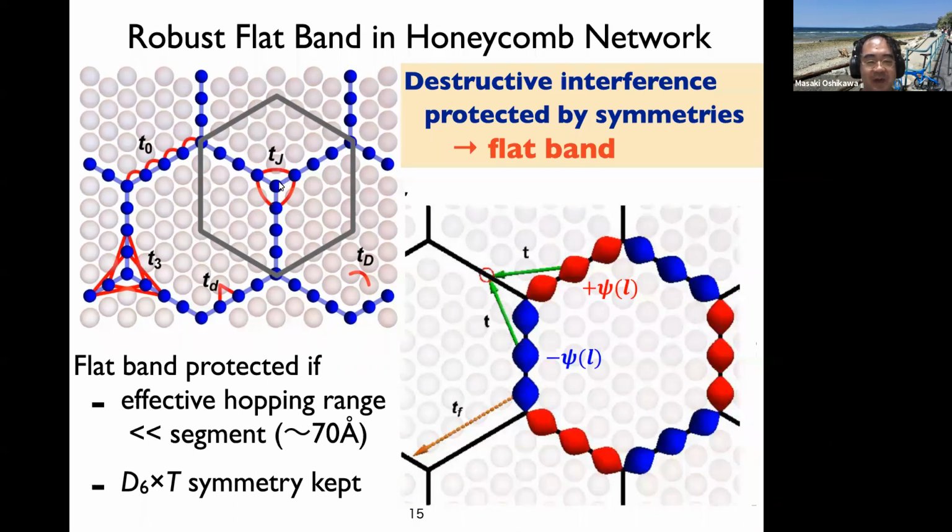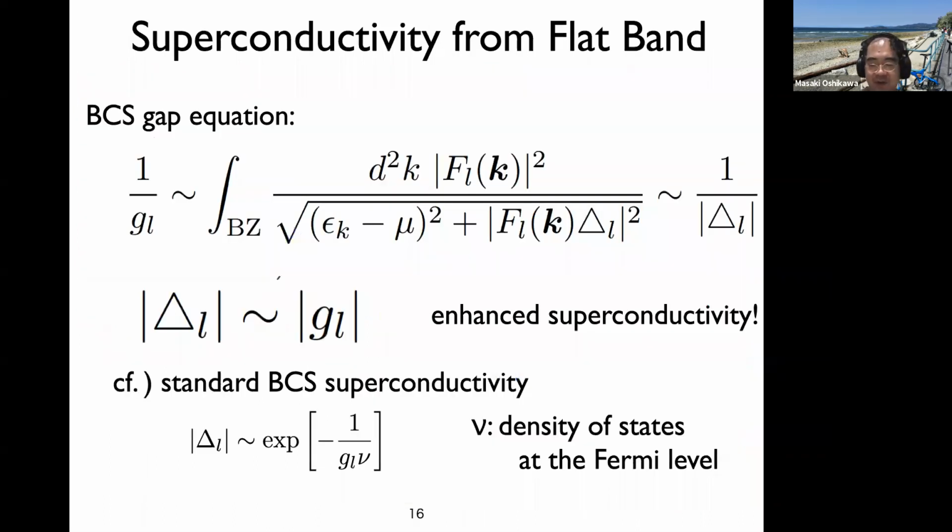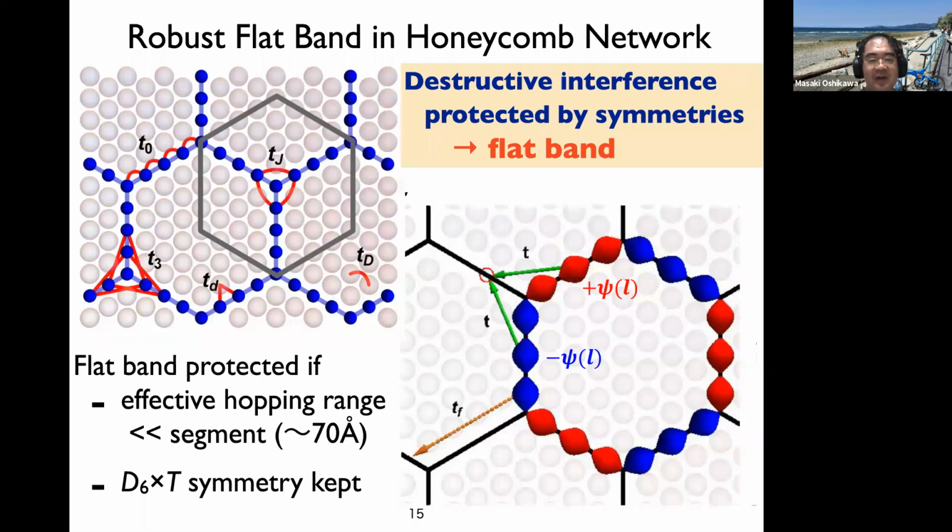The standing wave state has amplitude 0 at the vertex; that's how I constructed the localized state. But the amplitude should be non-zero here. So if you include second nearest neighbor hopping, then the electron can escape from this site to this site by tunneling. Then this electron can escape anywhere. If that happens, then the flat band is no longer flat because it's delocalized.